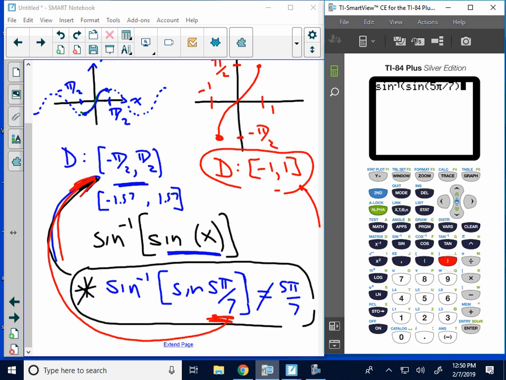Yeah, that go to symbol is always useful. If you get an error, just go to the error and see where the problem was. Okay, sine inverse of the sine of 5 pi over 7. Here's my number, but that is not 5 pi over 7. 5 pi divided by 7 is this number, and those are different numbers. So you might want to think about what is that number.